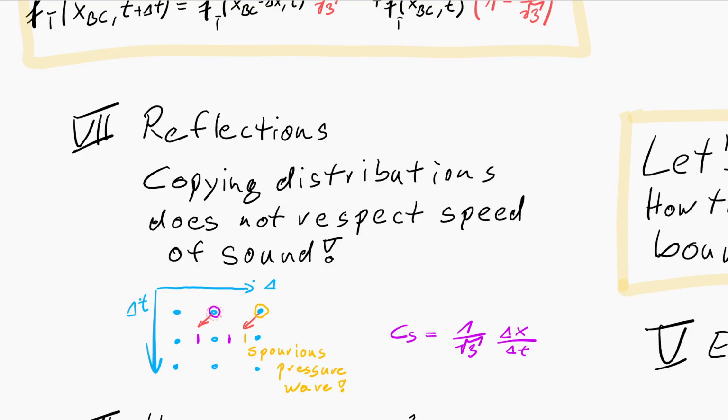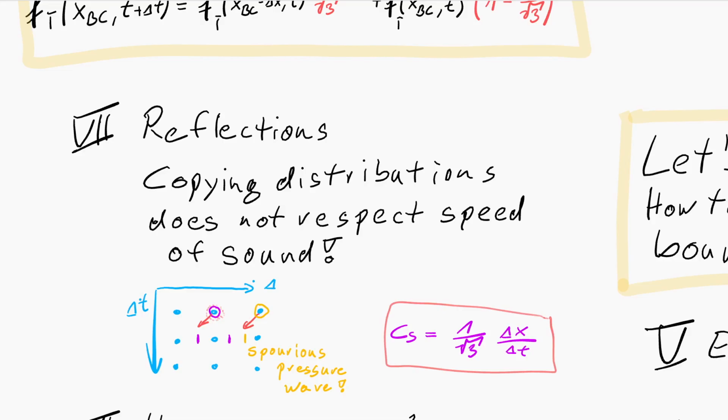For example, if this is the node from which we copy our distributions, and there is a pressure wave at this position, then this pressure, according to the usual values in the lattice-Boltzmann method, would move 1/√3 grid spacing in one time step.